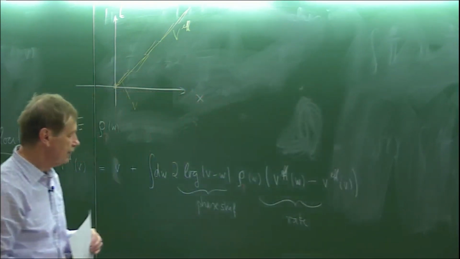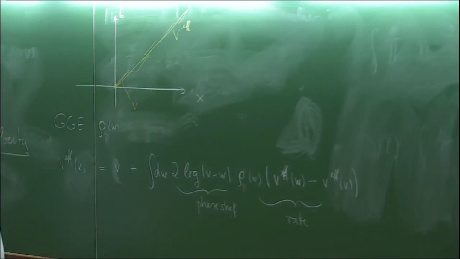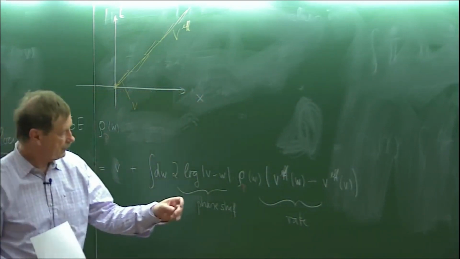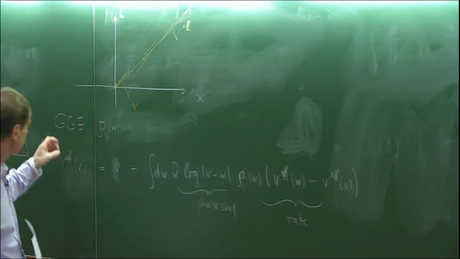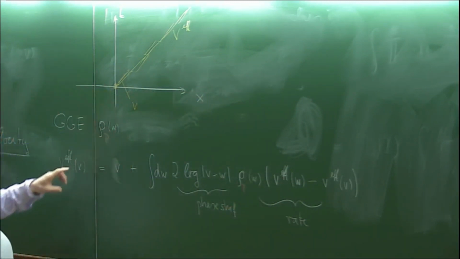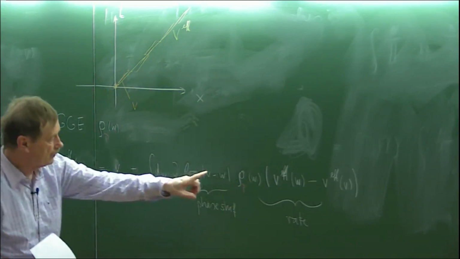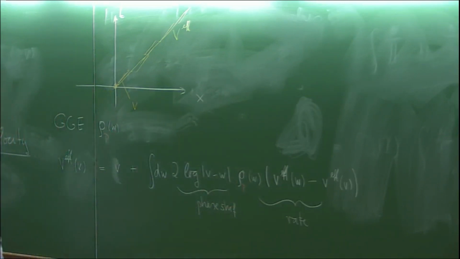What we have gained is, first of all, I have to specify the particle density. That is a characteristic of the background, and what I have gained is a linear equation for v effective. So you simply assume that, right?